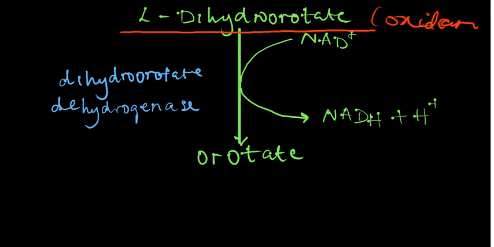After it's oxidized, there's a transfer of hydrogen, like you can see. When there's an oxidation-reduction reaction, the enzyme will always end with dehydrogenase. So the enzyme is dihydroorotate dehydrogenase. All this is happening in order to form the compound called orotate.